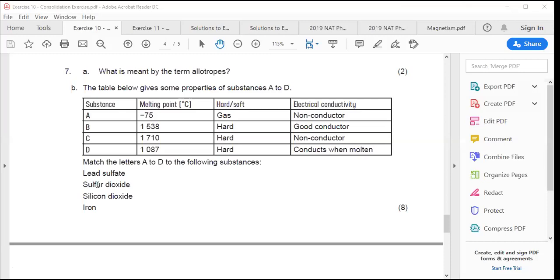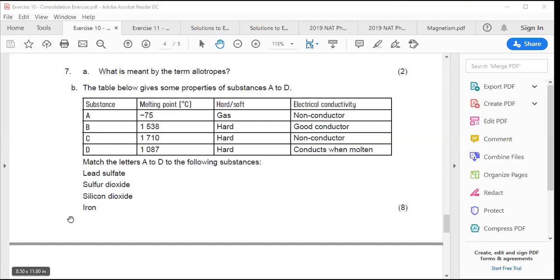Sulfur is a non-metal, oxygen is a non-metal. So this is a covalent molecule. Then we've got silicon dioxide, silicon is a non-metal and oxygen is also a non-metal. Then we've got iron, which is a metal.